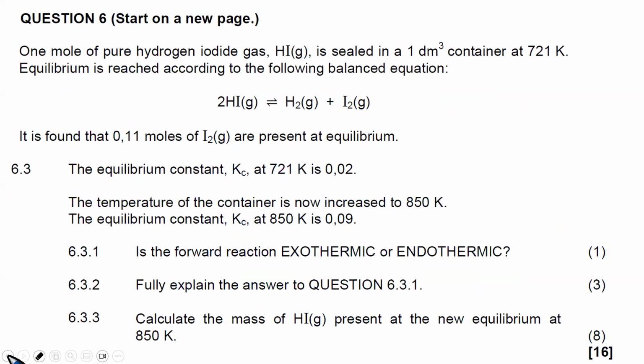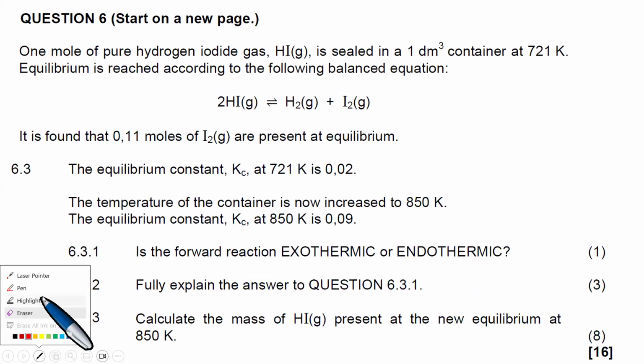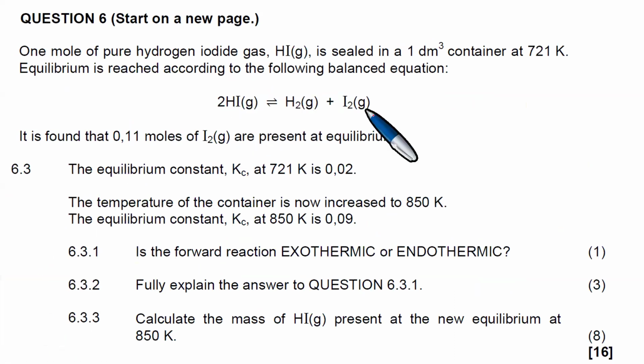Now we're looking at what happens in 6.3 of this June paper of last year, 2023. Still 1 mole of hydrogen iodide gas is sealed in a 1 cubic decimeter container at 721 Kelvin.